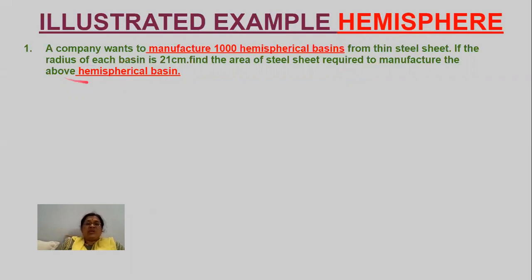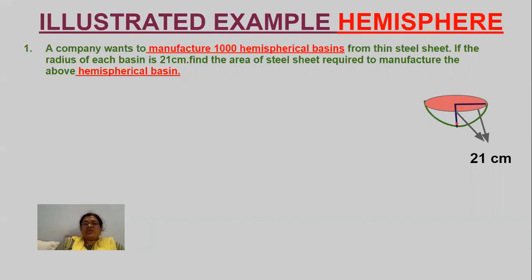So hemisphere means immediately you have to think about the hemisphere solid figure. That figure you have to try to draw in your papers. See here, this is a hemispherical basin. In this, some steel is given. From that you have to prepare basins like this.